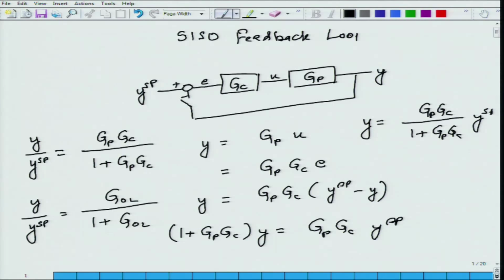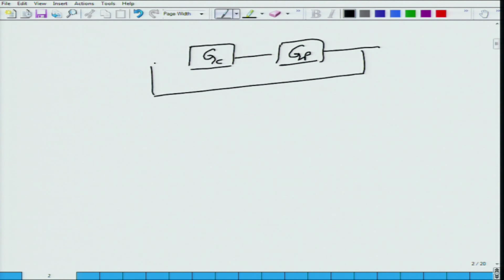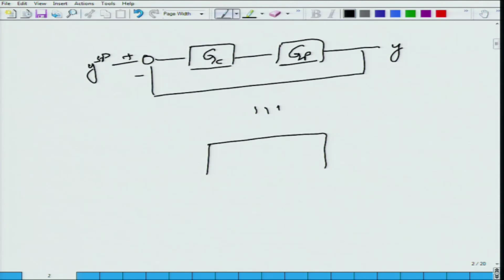So, maybe we will go to the next page. What we have is this simple feedback control system, Gc, Gp.